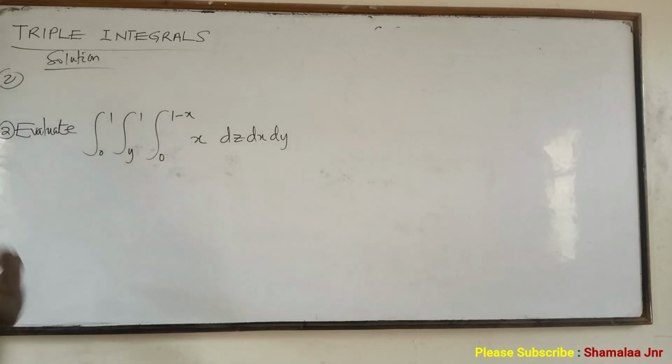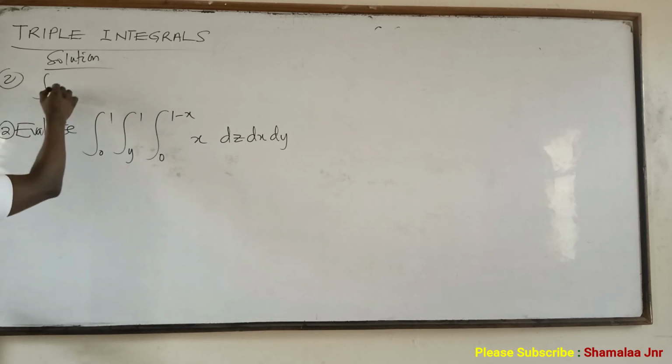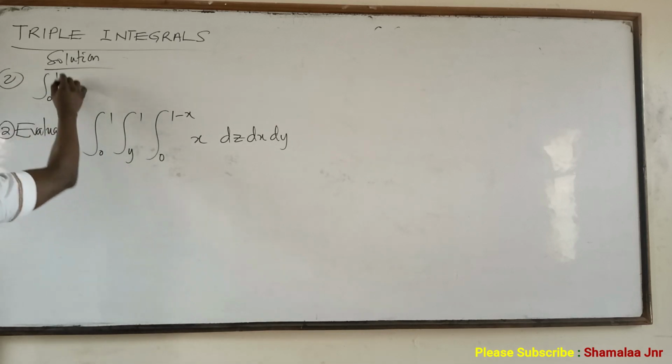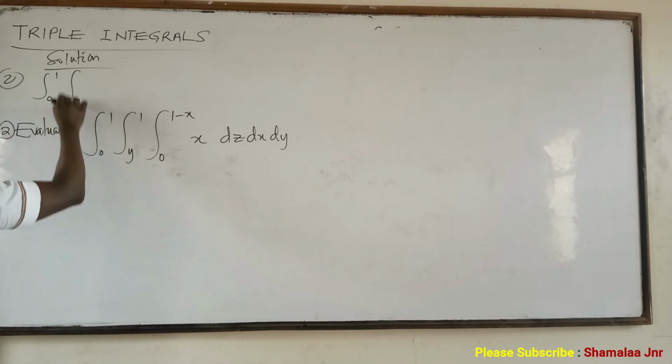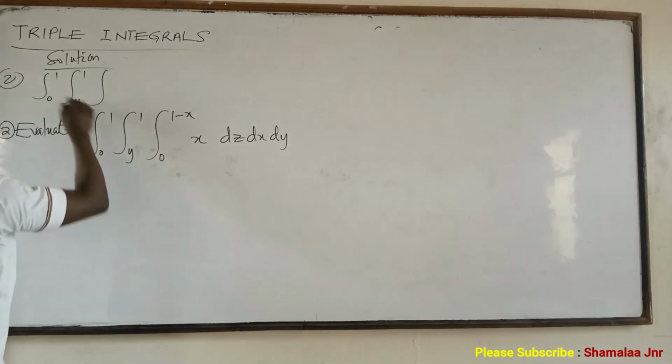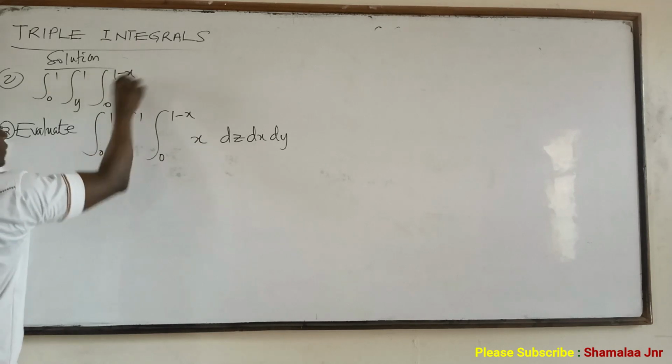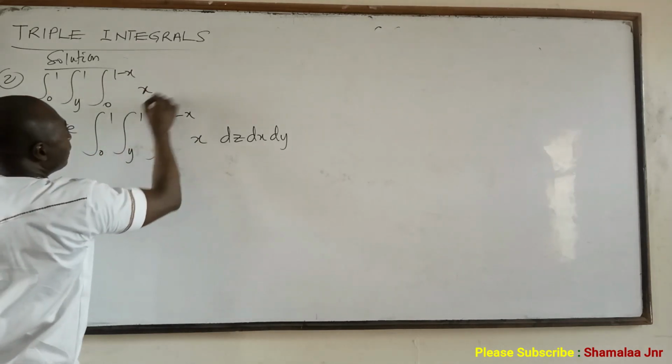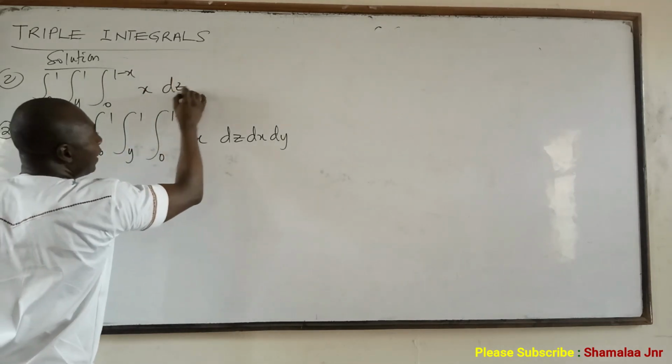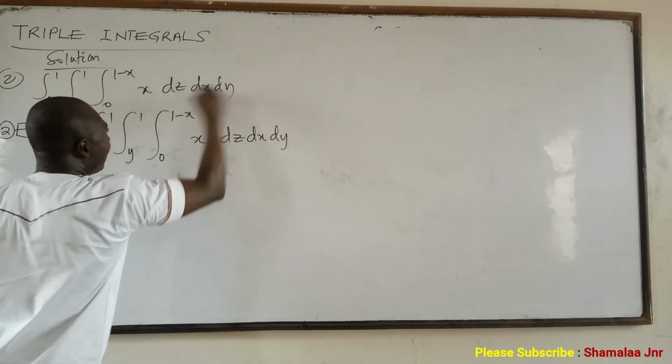Solution. Now, this is the question. Integral from 0 to 1, integral from y to 1, integral from 0 to 1 minus x of x, dz, dx, dy. This is the question.